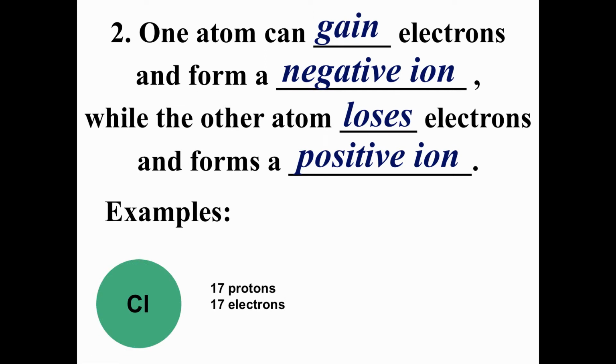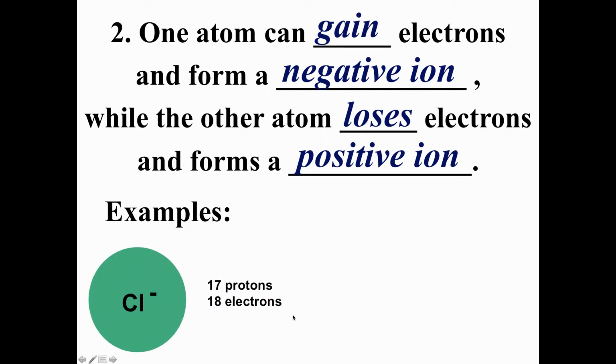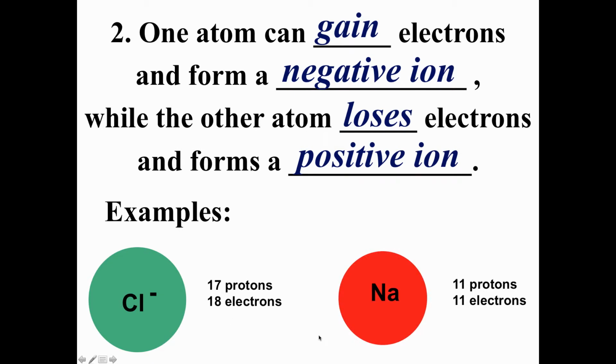An example would be if we start with a chlorine atom, 17 protons and 17 electrons. It can gain an electron and end up with 18 electrons. Now it has one more negative charge than positive charge. Overall it's negatively charged, and we would call this a chloride ion.